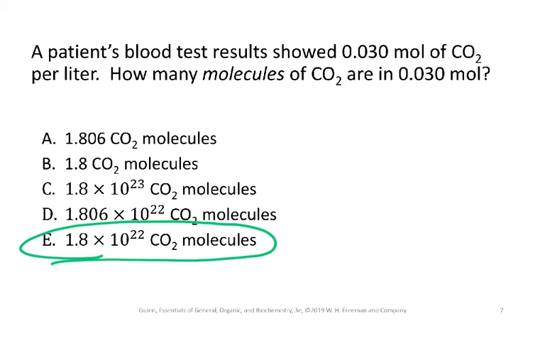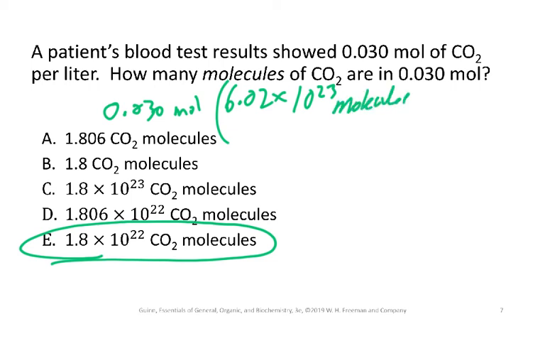So once you do the calculation of 0.030 moles multiplied by Avogadro's number, and you know that you're talking about molecules, it's going to be a really big number, right? So A and B are out, right? They don't make sense. Plus you're forgetting the 10 to the 23 here, right? And then 0.03 would give us 1.806 times 10 to the 22, but sig figs, right? This number only has 2 sig figs, the 3 and the 0 behind it. So we only get 2 sig figs here.